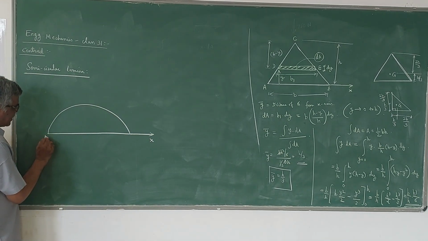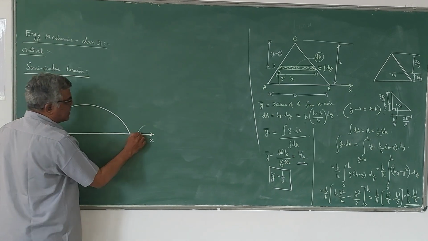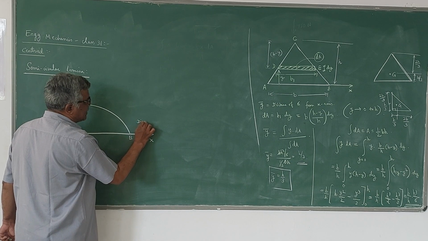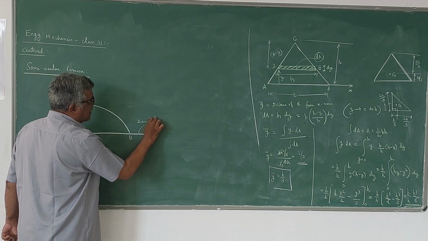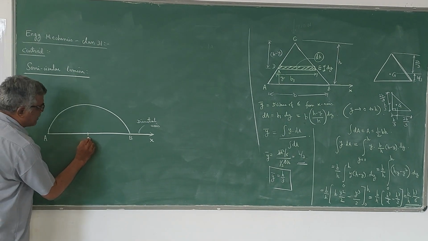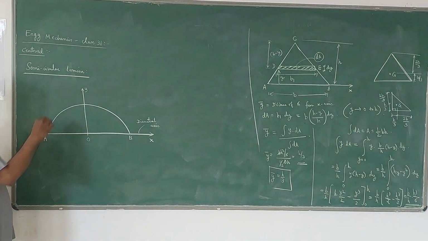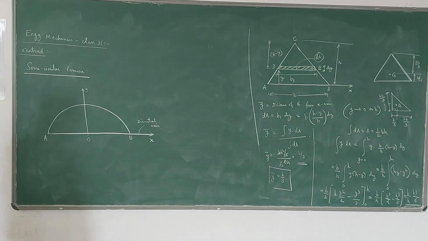This is called the diametral axis AB. The diametral axis itself, I will take it as the x-axis. Now, if I take the y-axis here like this, it is passing through the center of the semicircle.